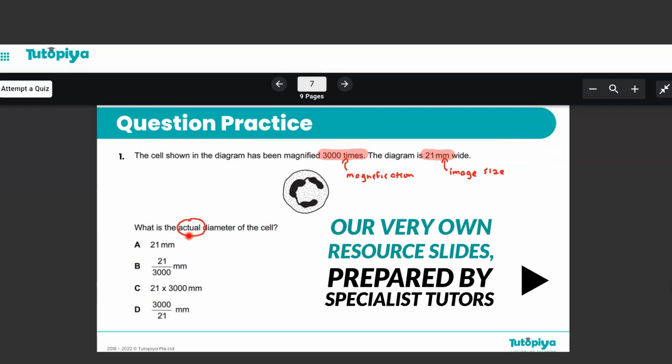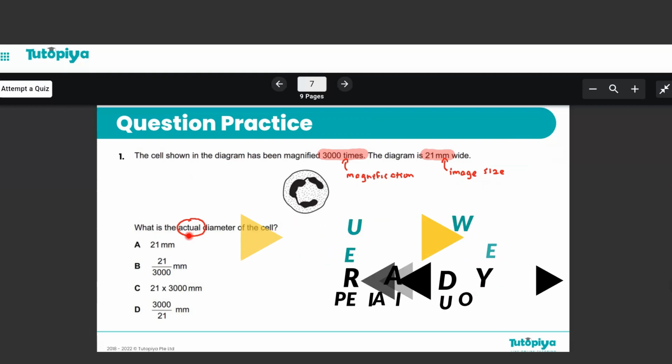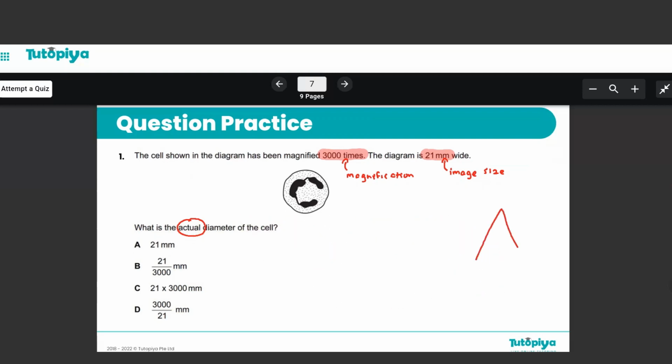What do we do in a question like this? We immediately draw up the formula triangle. What do we have in the formula triangle? We have image size at the top and actual size and magnification at the bottom. Now, they're asking us for the actual size, so we cover the actual size with our finger.